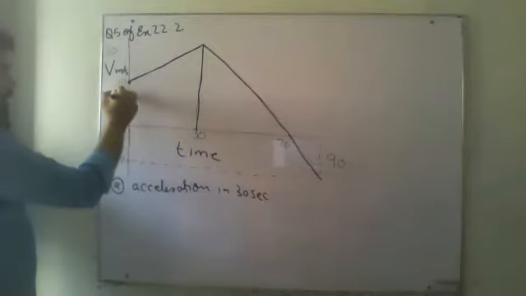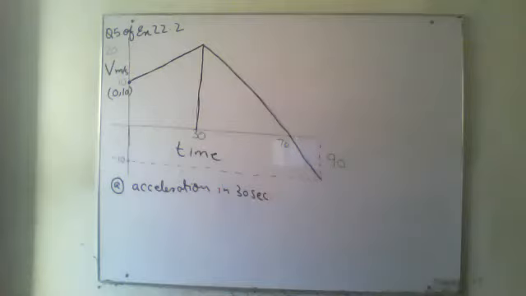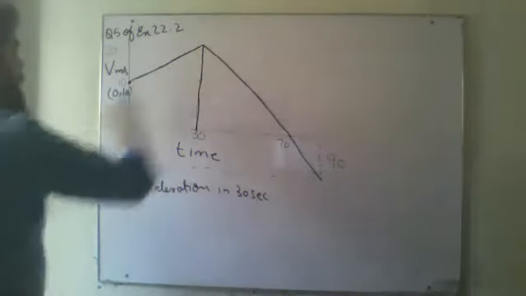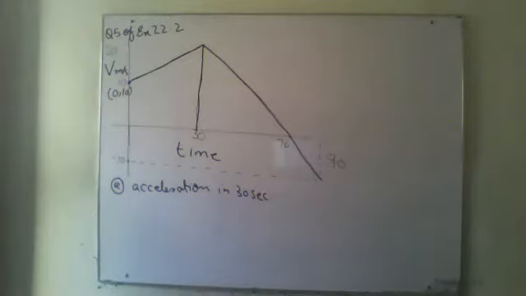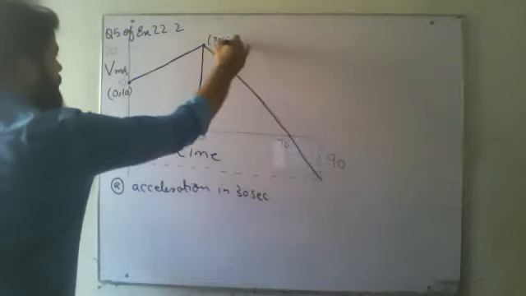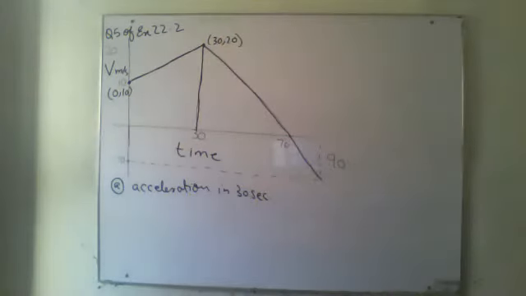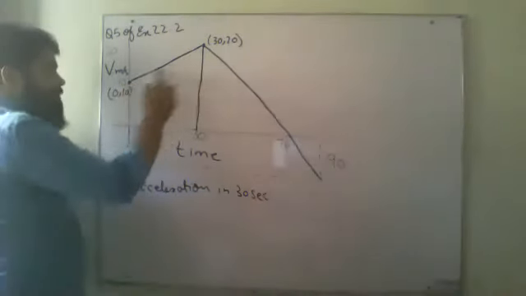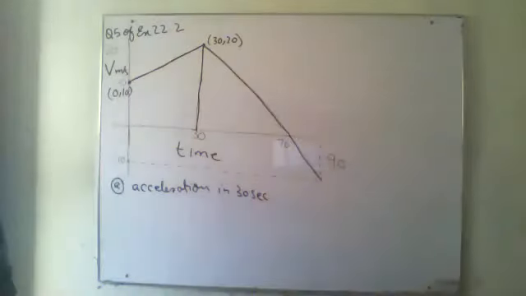Over here, the coordinates are 0, comma 10. The coordinates are 0, comma 10 at this point, and when I go to the top point, what will be my coordinate at this point? My coordinate will be 30, comma 20. Okay, and we know that in a velocity time graph, the slope of the line represents acceleration.